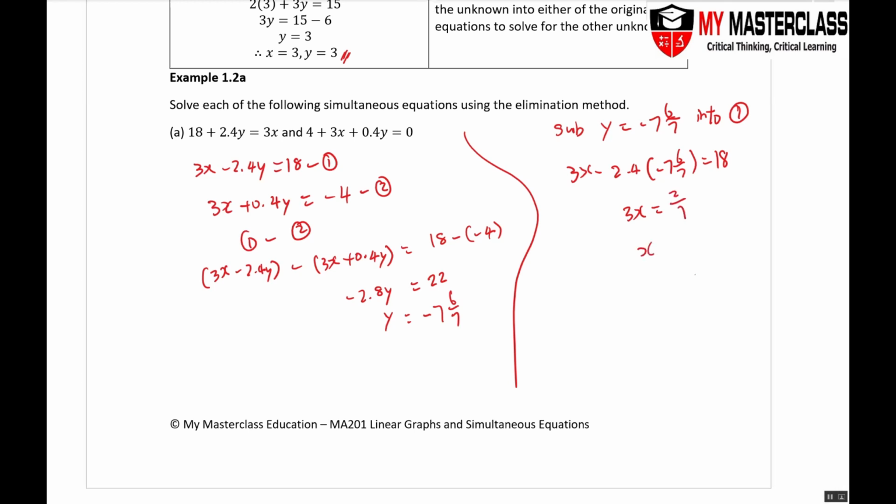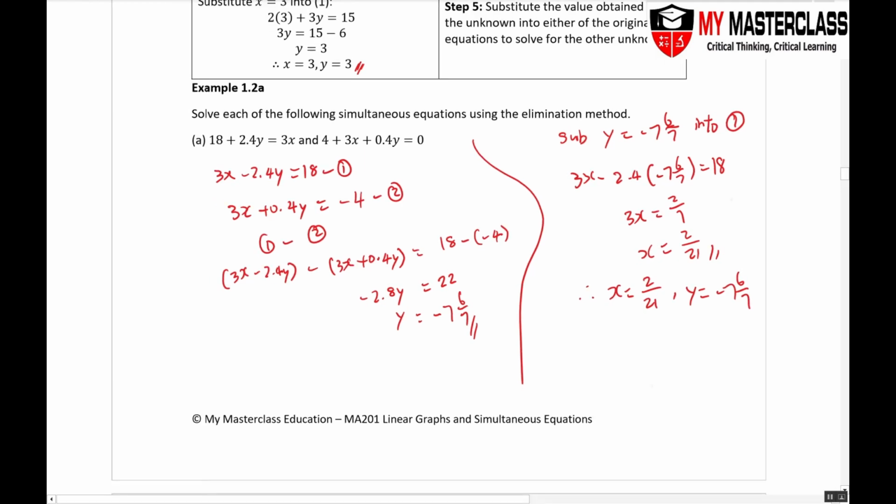Divide the x over, you end up with 2 over 21. So this will be your two values of x and y. Then write your final statement. Therefore, x equals to 2 over 21, comma y equals to minus 6 over 7. That's it.